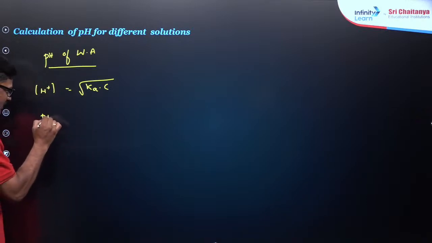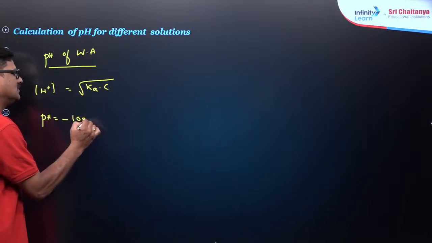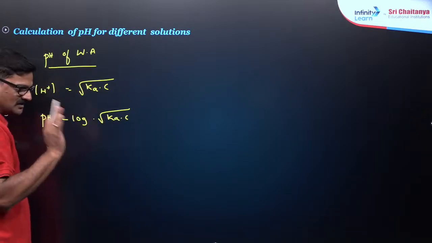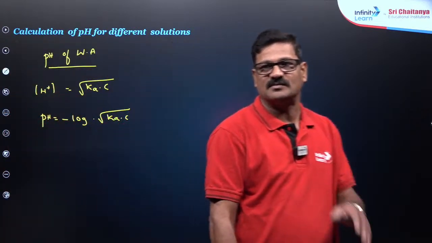You can calculate the pH is equal to negative log root over Ka dot C, है ना? That's it. So let us go in a systematic way.